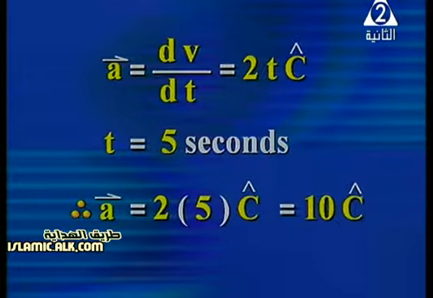c vector. Remember, dear student, now we find the acceleration by using the derivative of what? Of velocity. After that, we find the velocity by using the derivative of the displacement. Dear student, this example is very important.